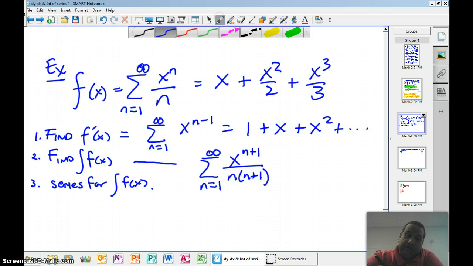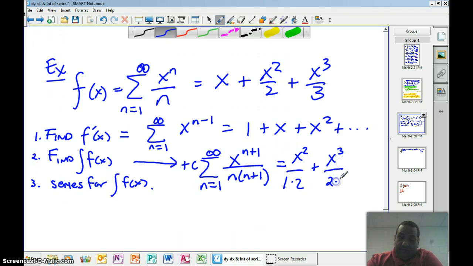It doesn't really matter where you put the c, but we'll do plus c out here. So when n is 1, it's going to be x squared over 1 times 2, plus x cubed over 2 times 3, plus x to the 4th over 3 times 4, etc. A lot of times I won't multiply it out.